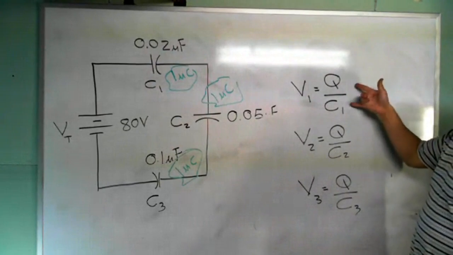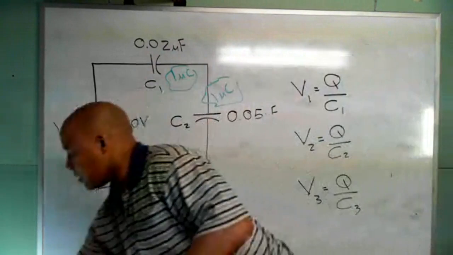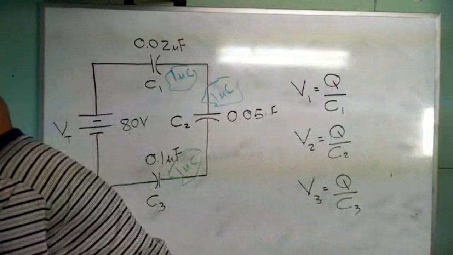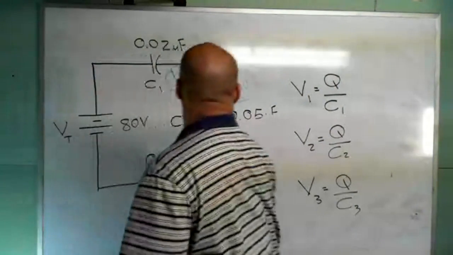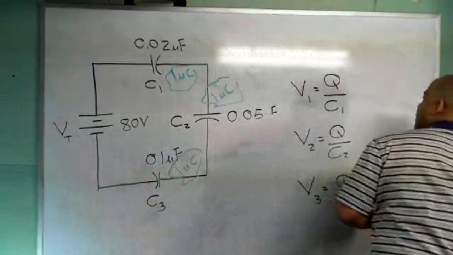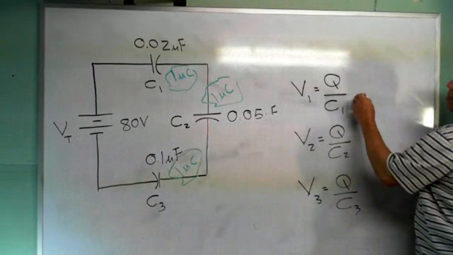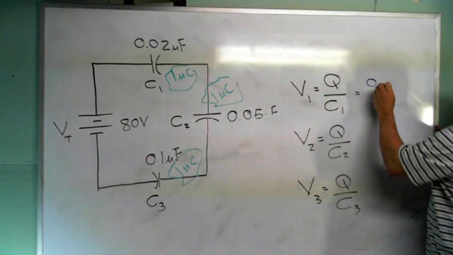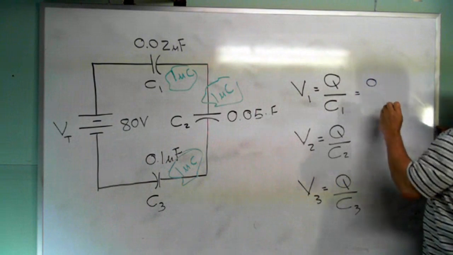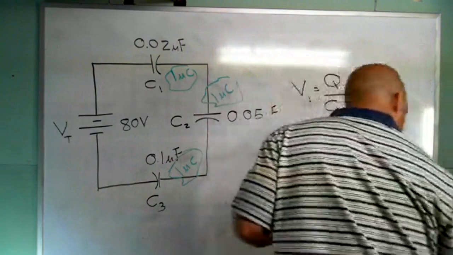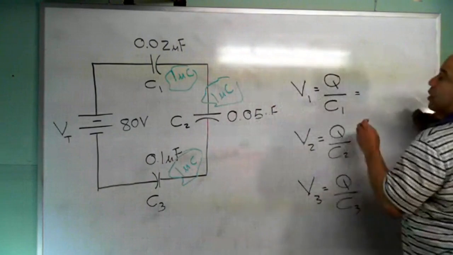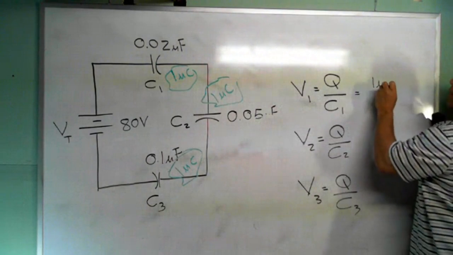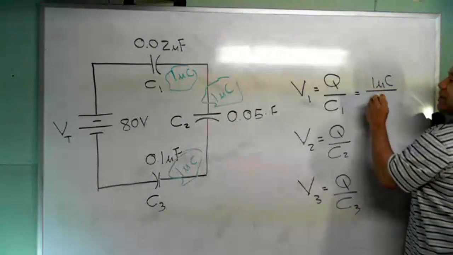So let's do the first capacitor. Q is 1 microcoulomb, so I have 1 microcoulomb divided by C1.